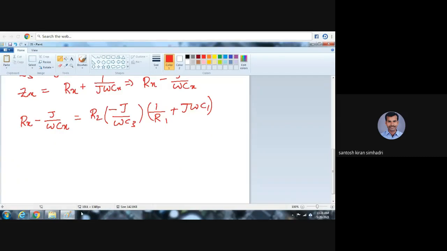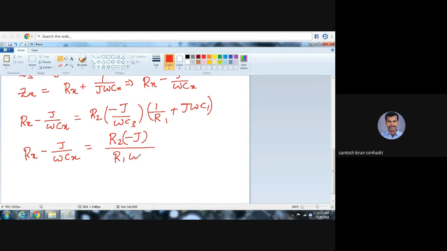Yes. Now what happened? I will do it one by one. So finally, this Rx minus J by omega Cx equals, I will do a small mathematical part. I will simply multiply these two A plus B type expressions. So finally, what is the next expression? R2 into minus J by R1 into omega C3. Lakshmi Narayana, please verify whether I am doing it correctly or not.